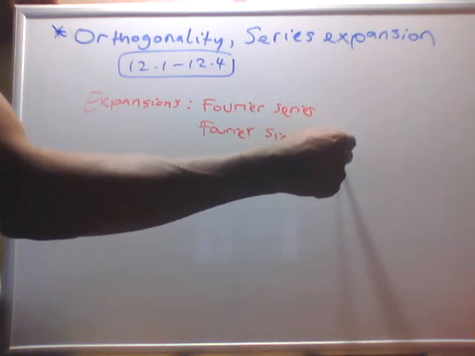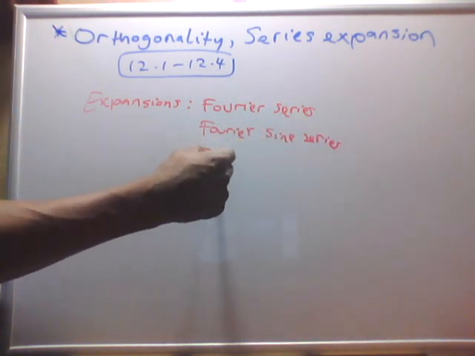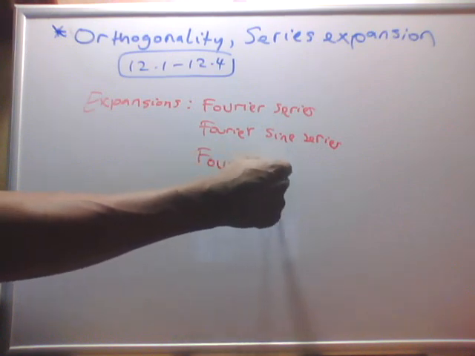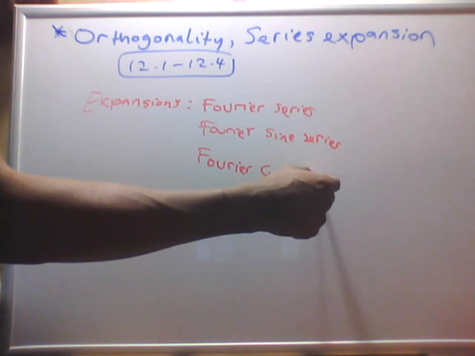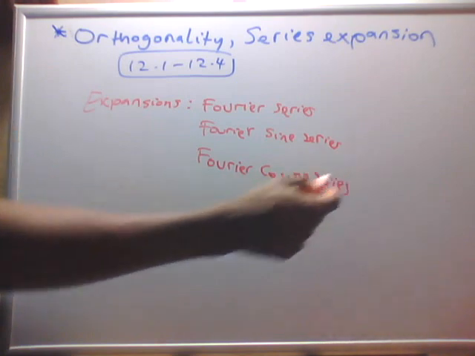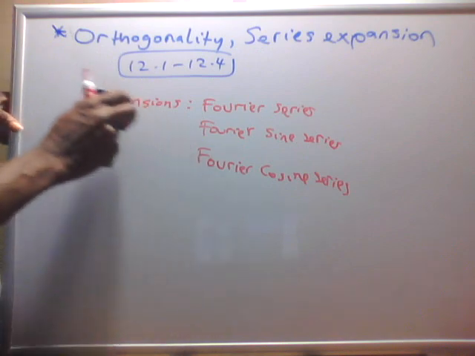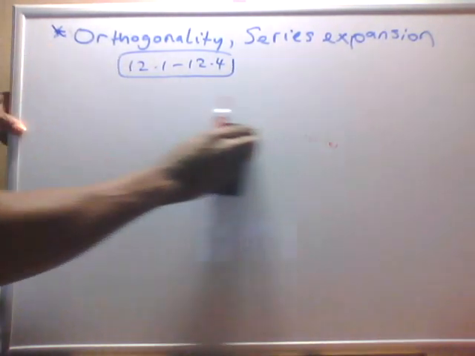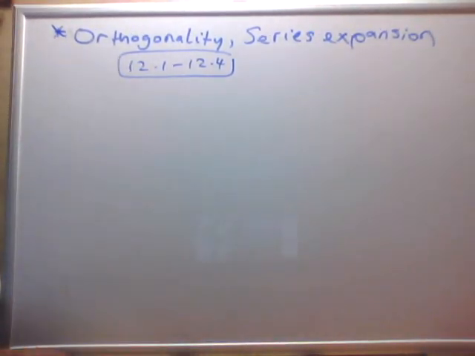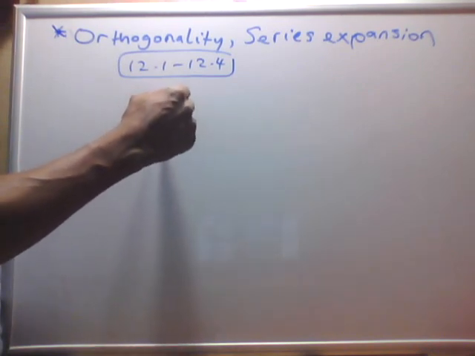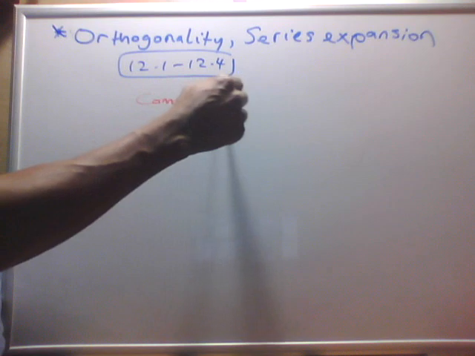We talked about full range expansions and half range expansions. Then, we didn't develop it in class, but your textbook shows a very nice proof of the complex Fourier series as well.